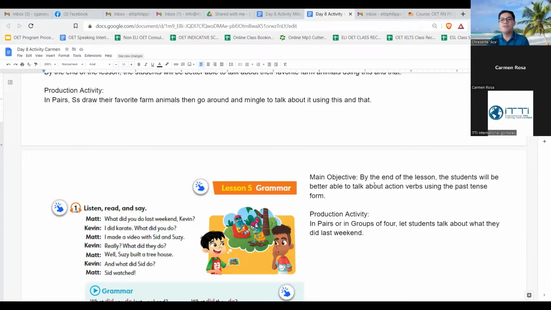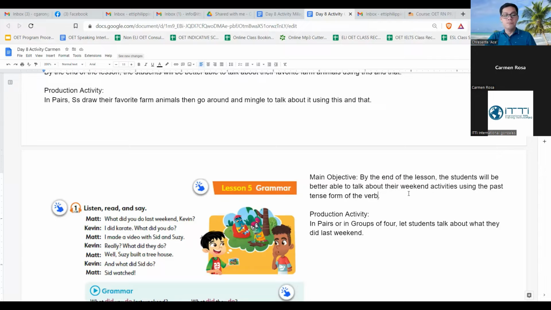So again, you have to say it. By the end of the lesson, the students will be better able to talk about their weekend activities in the past tense form, using the past tense form of the verbs.